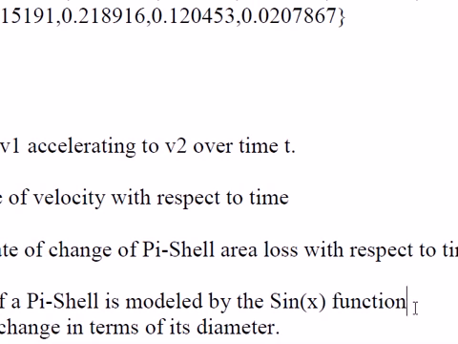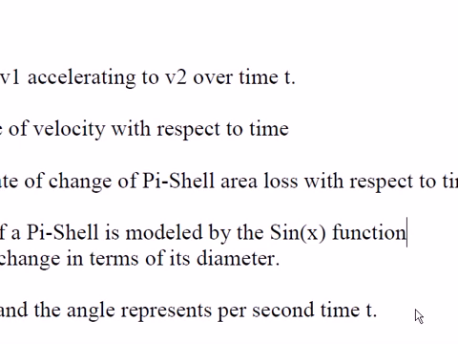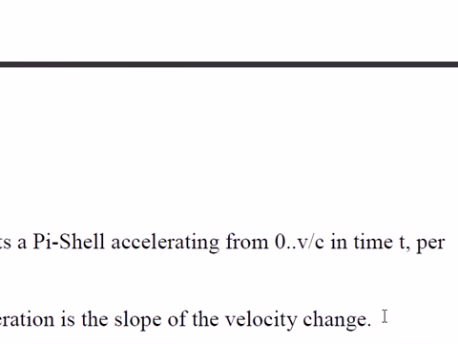It represents per second area change in terms of its diameter, and the diameter line represents the velocity v over c, and the angle represents time t per second. Therefore, for 0 to 90 degrees it represents a pi shell accelerating from 0 to v over c in time t per second.